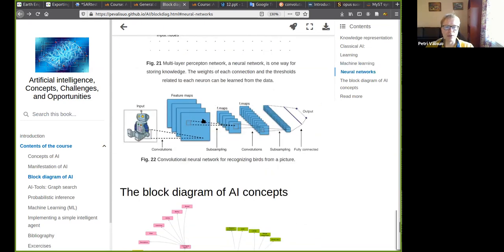And also with these convolutional neural networks, you can take a look at their ingredients, and you can take a look at these images, and they can be studied, so you can learn more.